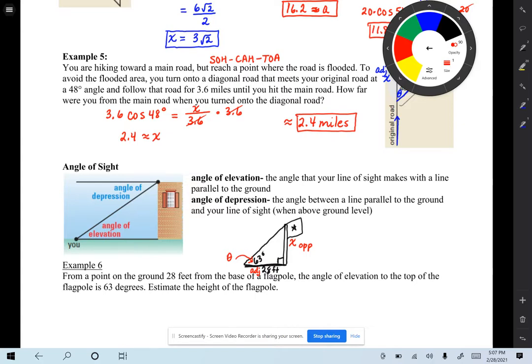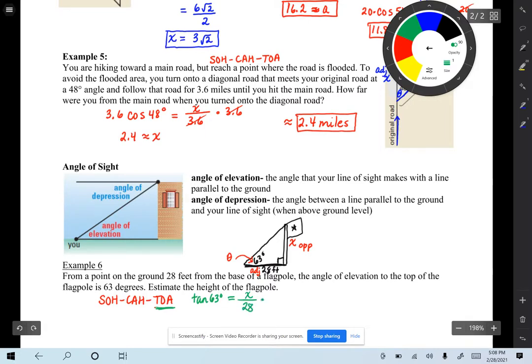So to do this problem, Sohcahtoa, and we are interested in this one right here. Okay, so we want the tangent of 63 degrees is equal to the opposite leg, which is x, over the adjacent, which is 28.